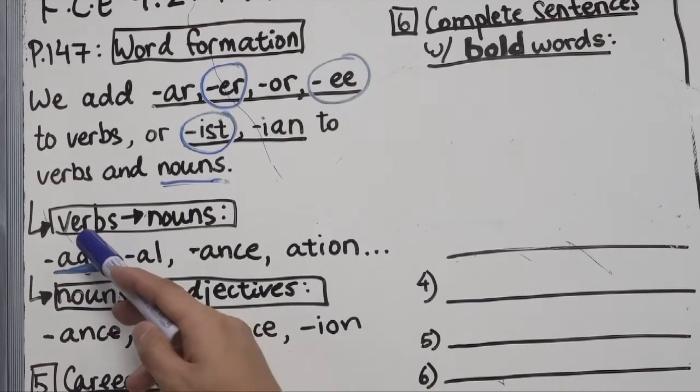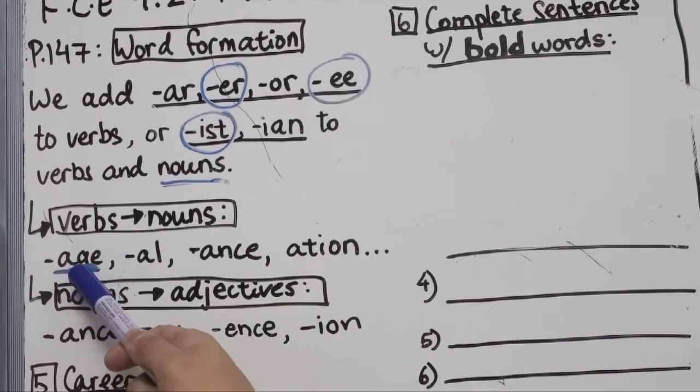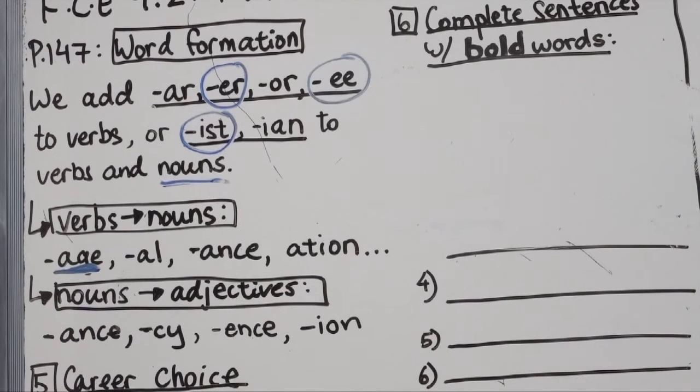Now, let's talk about the verb drain. The verb drain means to take out liquid, some water or some kind of liquid from something. To drain it. And so the noun that I was talking about, drain, will become drainage. AGE, drainage.